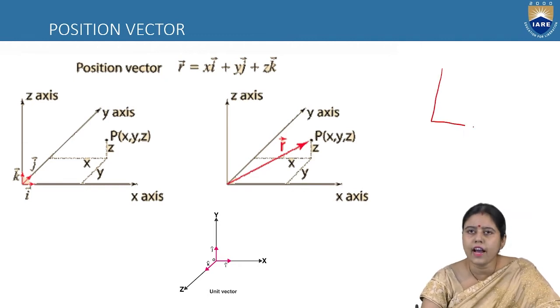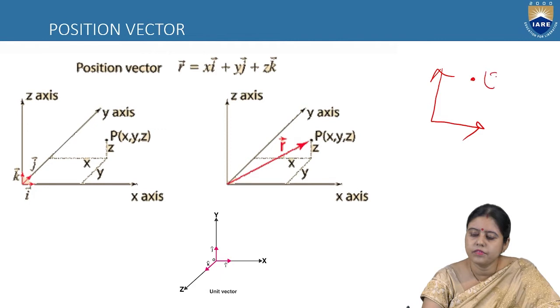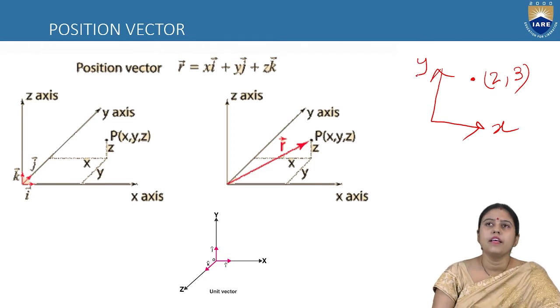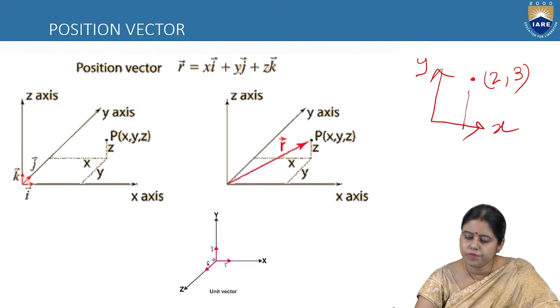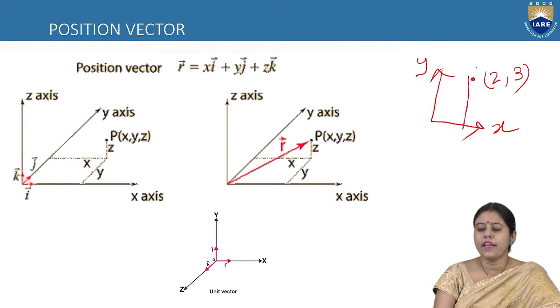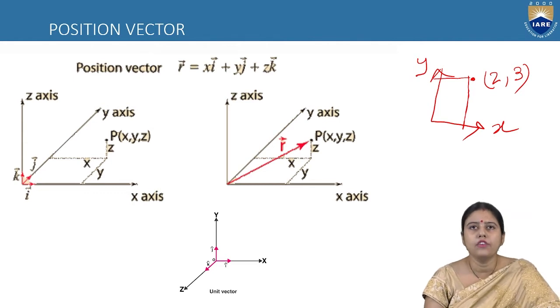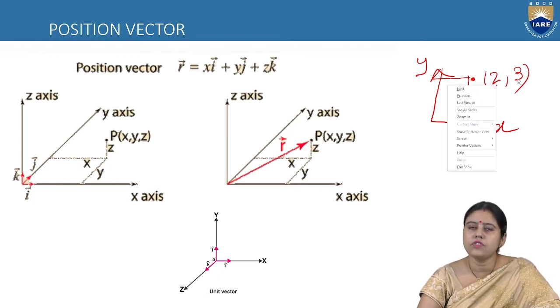If we write a point, it has a magnitude 2 along the x-axis and 3 along the y-axis. So the position vector involves the x-axis and y-axis.